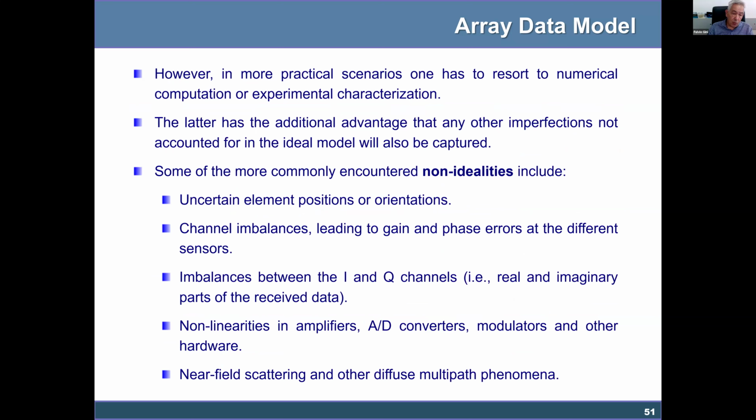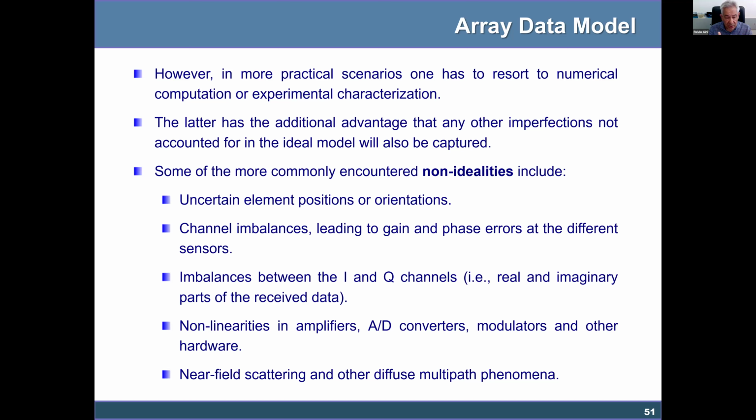Now, what are the most important sources of non-ideality? One is that we don't know exactly the position of the sensor. So their position can be slightly different from the nominal one. And in addition to that, if the sensors are not omnidirectional, also the orientation is important, and maybe we don't know exactly the orientation. So this is a source of non-ideality.